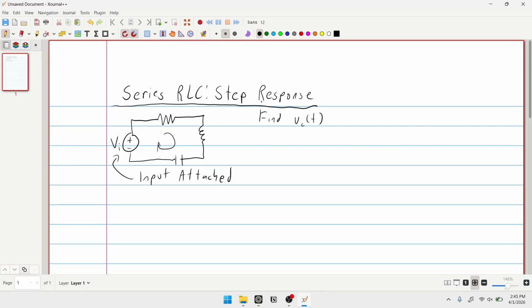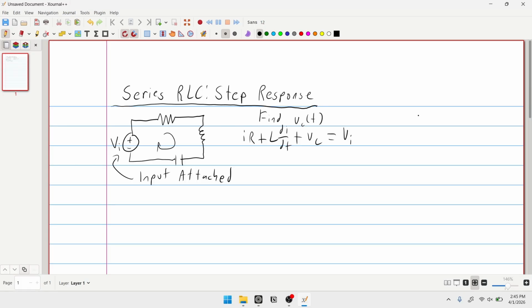So we have iR, starting from the resistor, plus L di/dt plus the voltage across the capacitor. We're just going to leave it as Vc. And then that equals Vi.